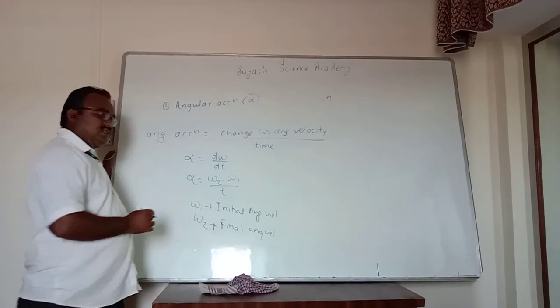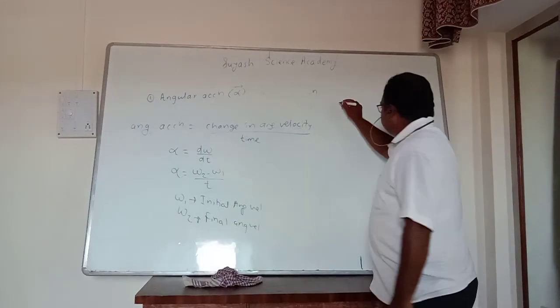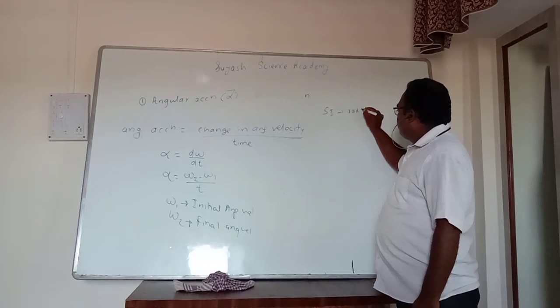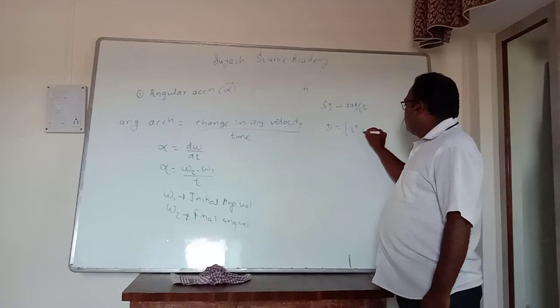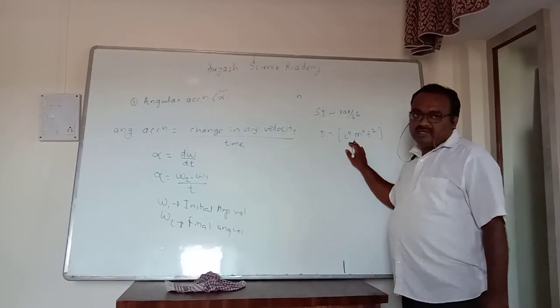So alpha is change in angular velocity divided by time. The SI unit is radian per second square, so its dimension is L0 M0 T minus 2.